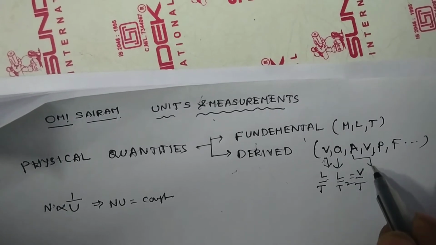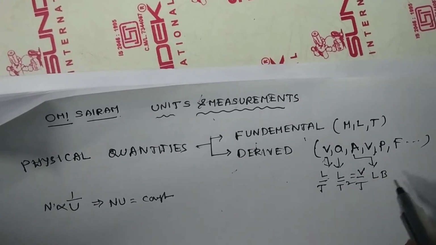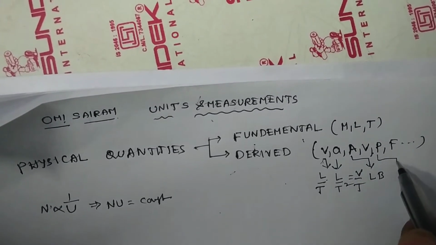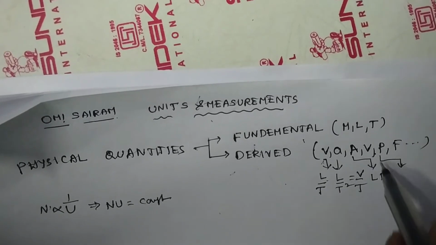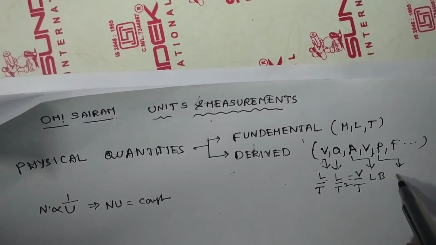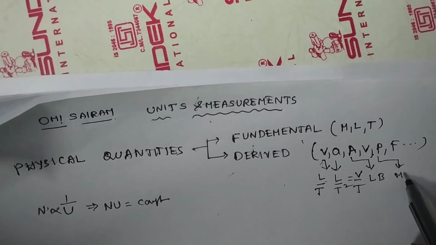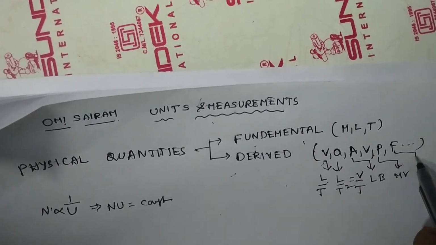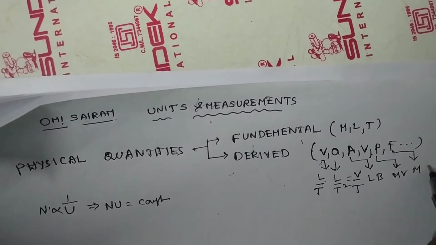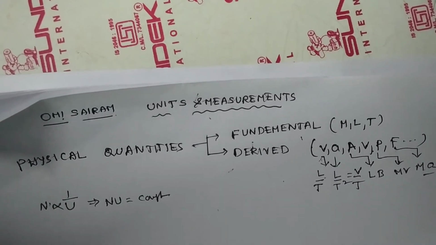What is the area? Length into breadth. What is the momentum? Product of mass and velocity. What is the force? Product of mass and acceleration.